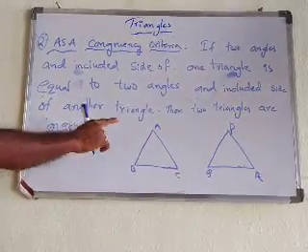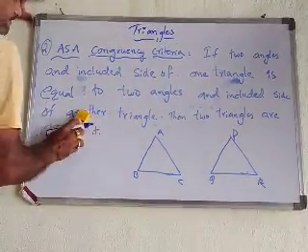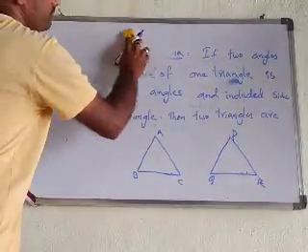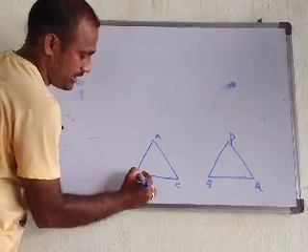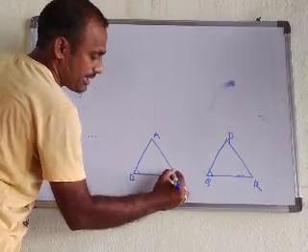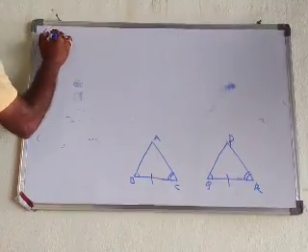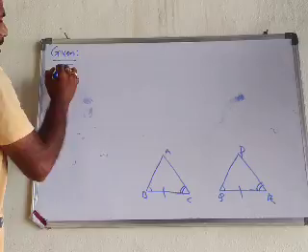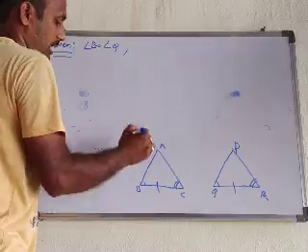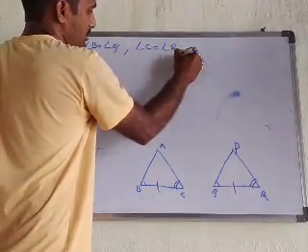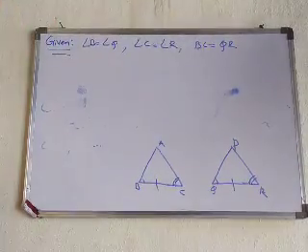While proving this theorem, let us write first the given. Clearly two angles are mentioned: angle B is equal to angle Q, angle C is equal to angle R, and side BC is equal to side QR.